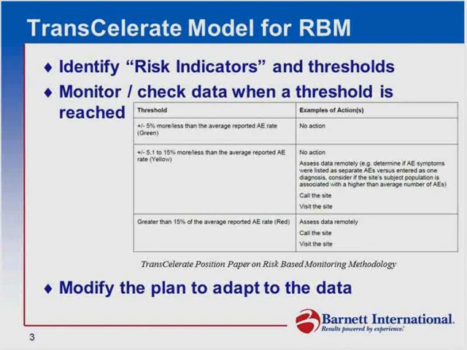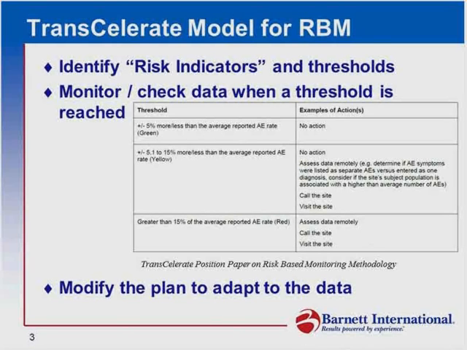And if you find, while you're looking at the data throughout the study, that one site falls above or below 5% more or less than the average site, then you assess the data remotely. If it goes beyond 15% of the average reported adverse event rate, then you assess the data remotely, call the site, and visit the site. And the action that you take depends on what you find when you assess the data remotely.